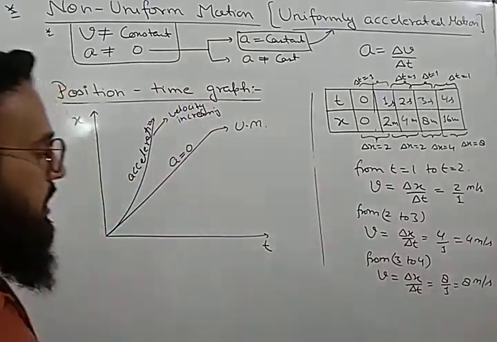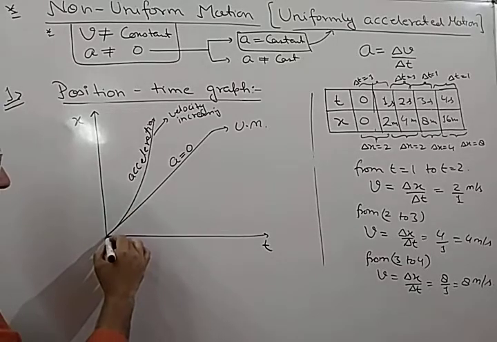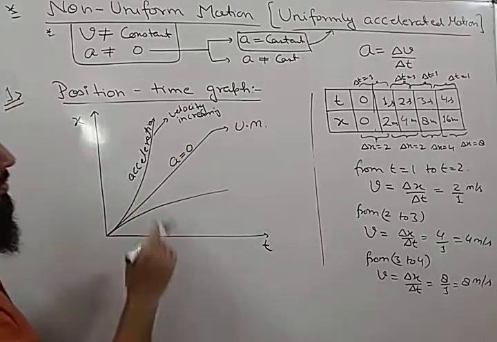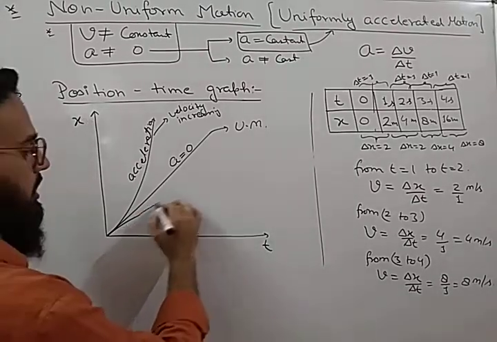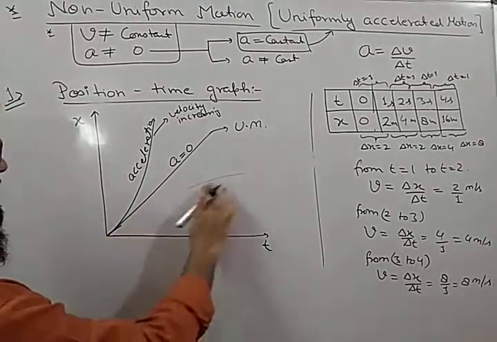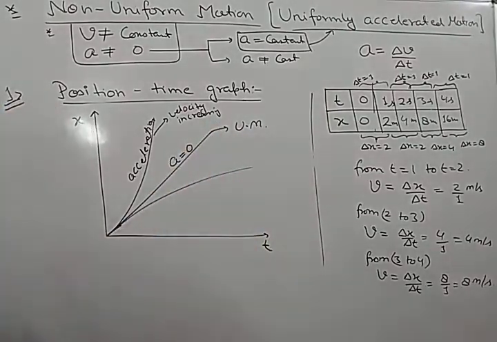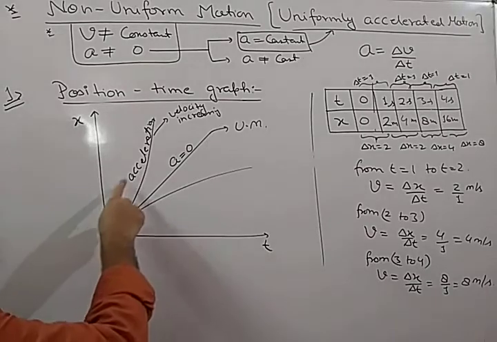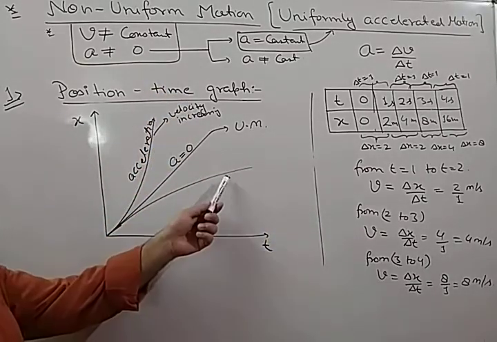So the graph will look like this. It will also be a curve, but it will be a curve in this form. This curve is moving upward, this curve is moving downward. What does it represent?